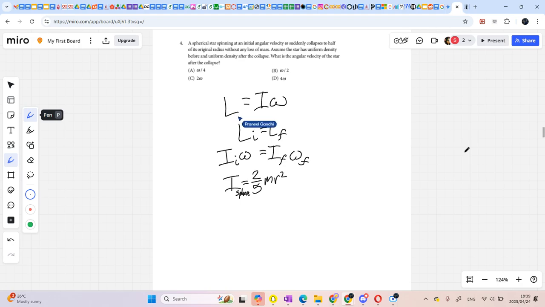But if you don't remember that, I'm just going to call this k mr squared because it does end up canceling out. And these equations aren't on your reference table, so you would just have to have it memorized. So we have k, and then the mass is the same on both sides, so I'm just going to call that m. So k m r squared, and then times omega.